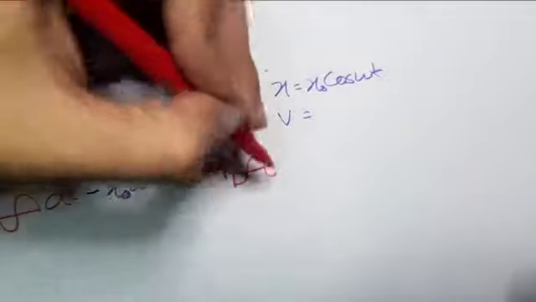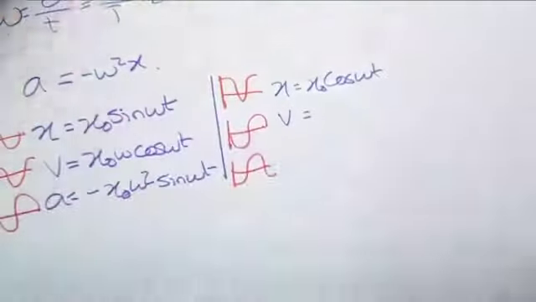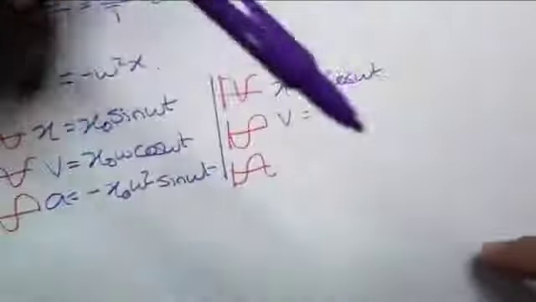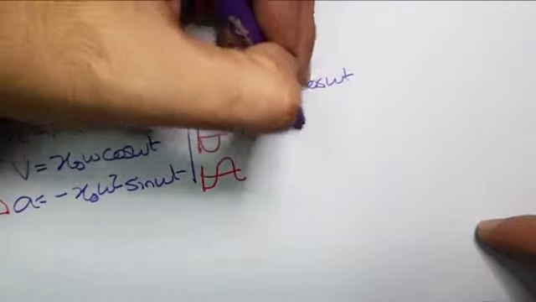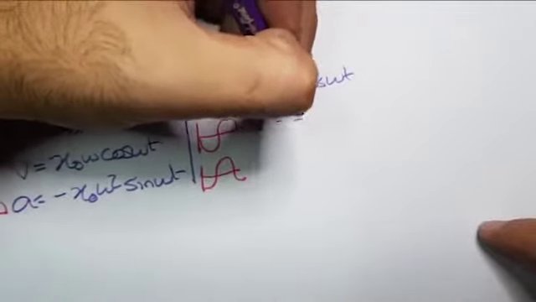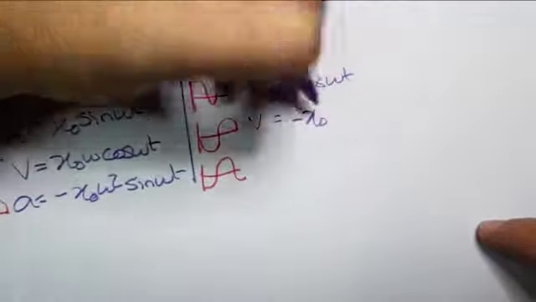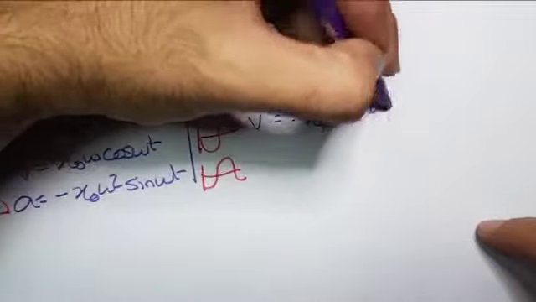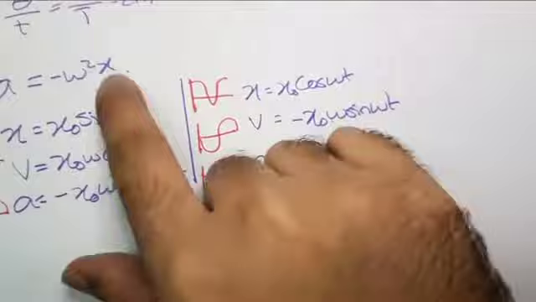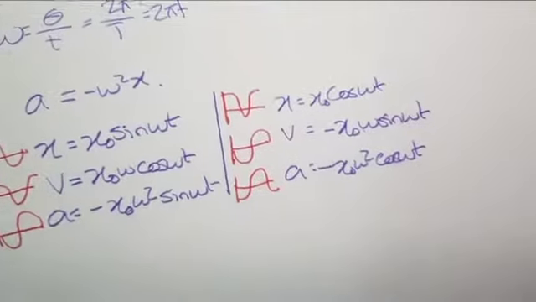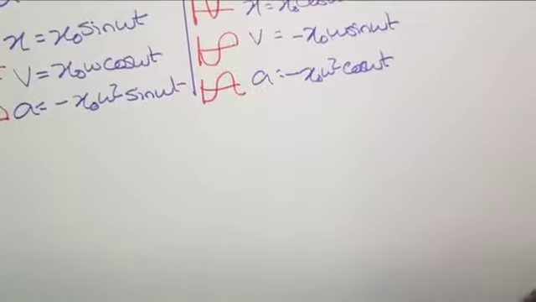So for each of these, if we try to write equations, v is equal to minus x naught omega sine omega t. And the acceleration becomes minus x naught omega square cos omega t. Interestingly, whichever equation you use, you end up getting the final defining equation to be exactly the same. It doesn't really matter. Moving on from that, we can come up with a few more equations.